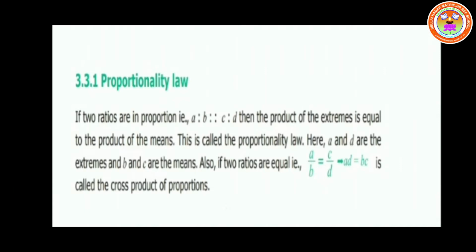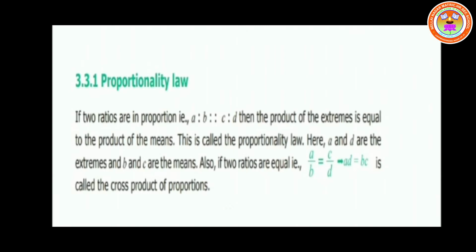Here A and D are the two extremes, and B and C are the means. If two ratios A by B equal C by D, you can cross multiply also. That is, AD equal to BC is called the cross product of proportion, that is, multiplying in the cross way.